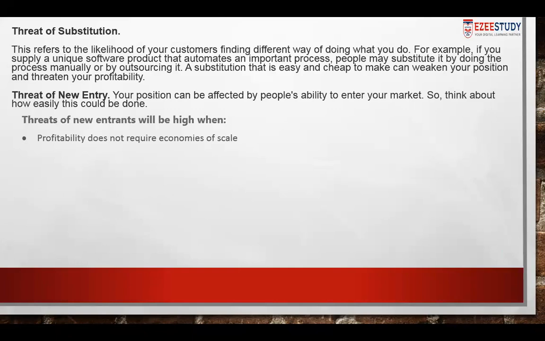Profitability does not require economies of scale. And what does this mean? Well, in a few businesses, if you really want to be profitable, you have to produce in high numbers. In that case, the threat of new entrants will be very low, because it will be difficult for the new entrant to produce at such huge numbers straight away.